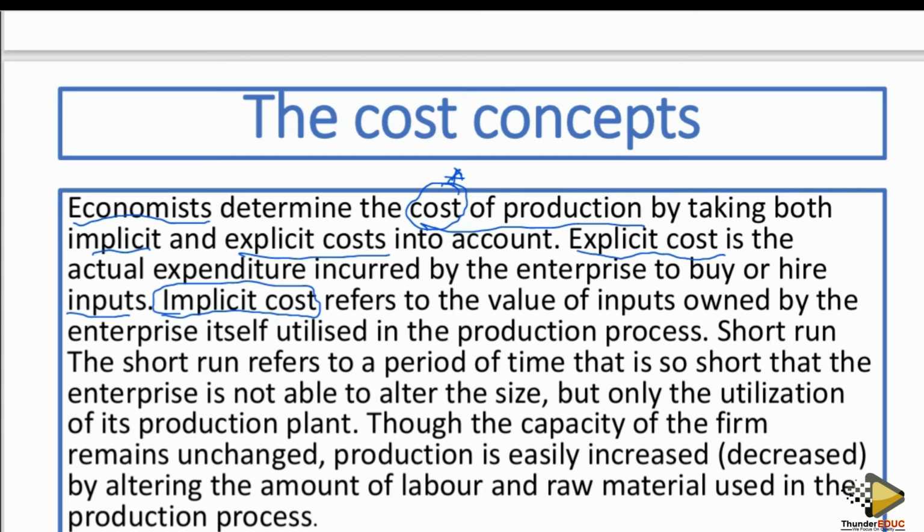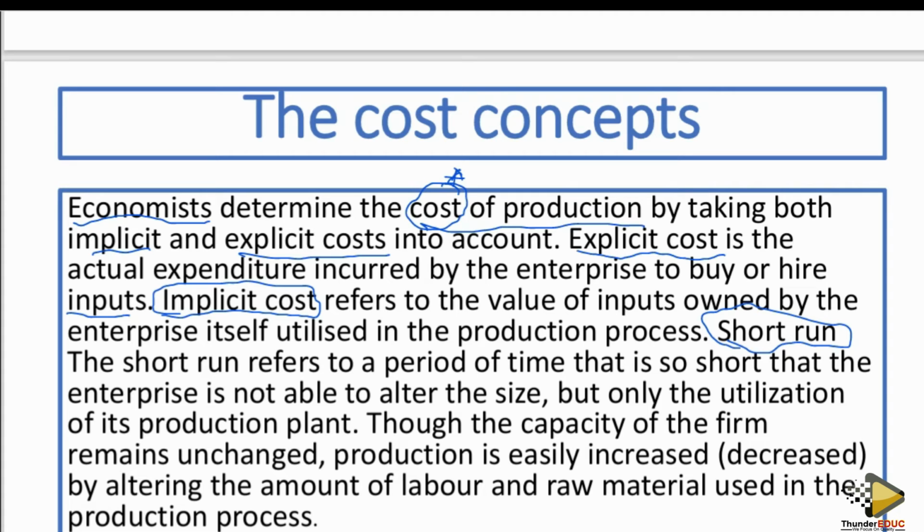Now, short run and long run. When we talk of short run or long run, we refer to a period, a period in terms of numerical value of years.